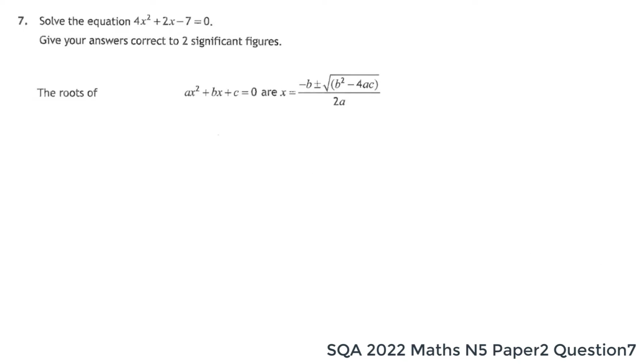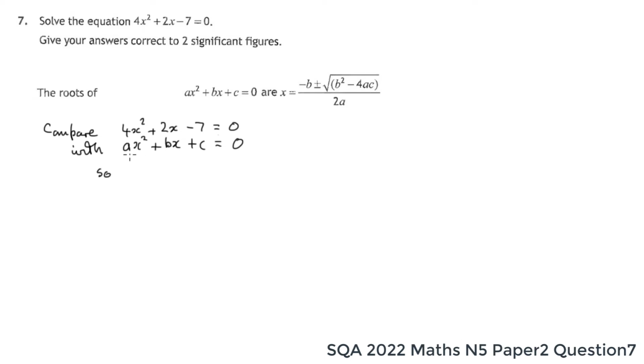So that's the first thing that we'll do. So let's do that. We'll compare 4x squared plus 2x minus 7 equals 0 with the standard version, ax squared plus bx plus c equals 0.